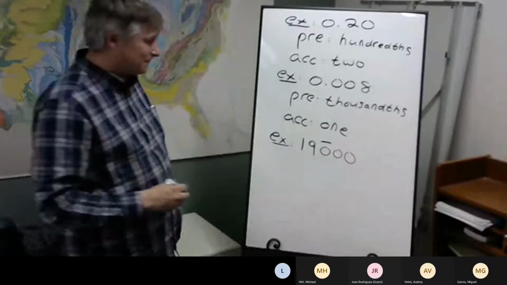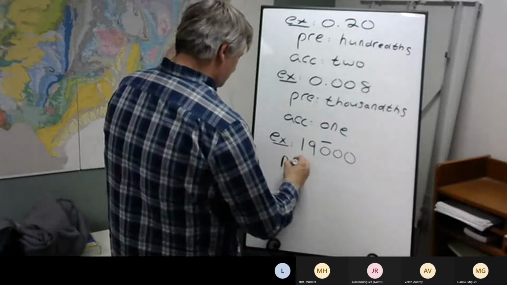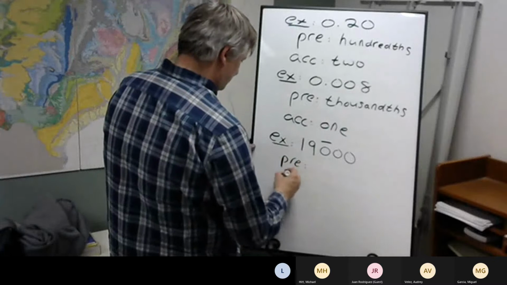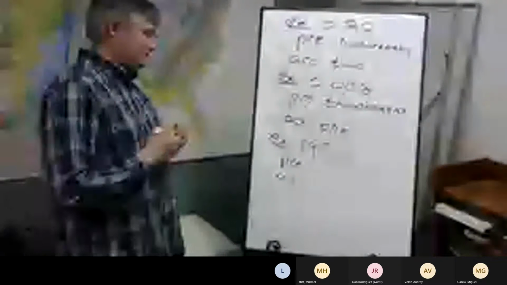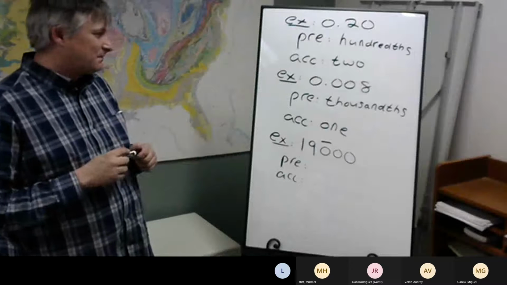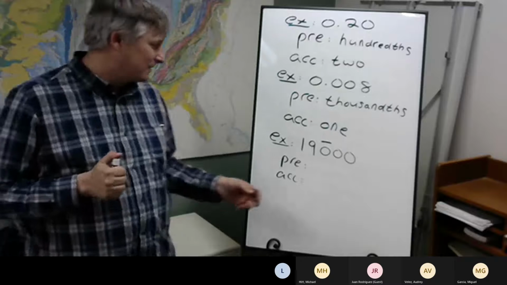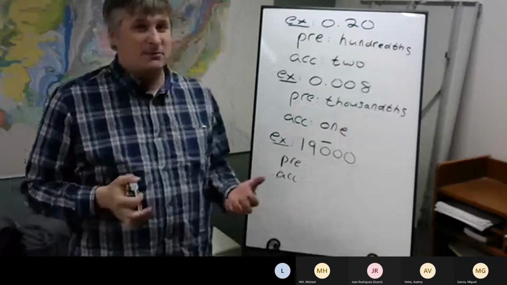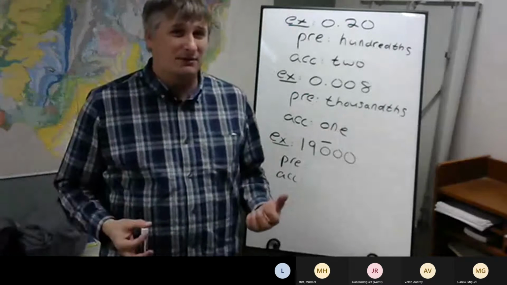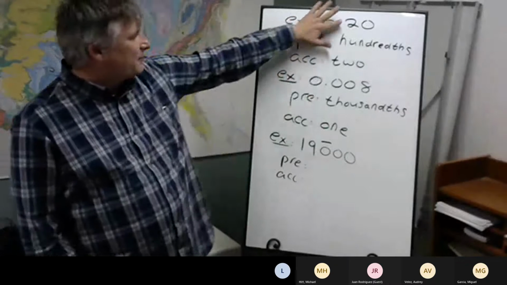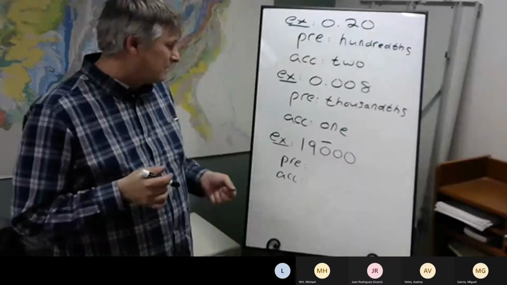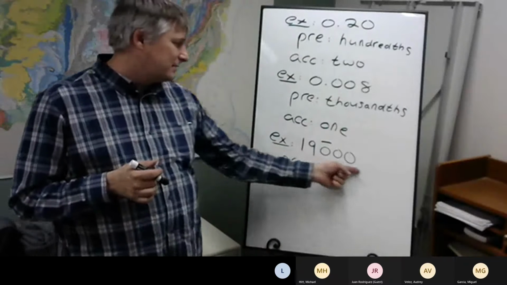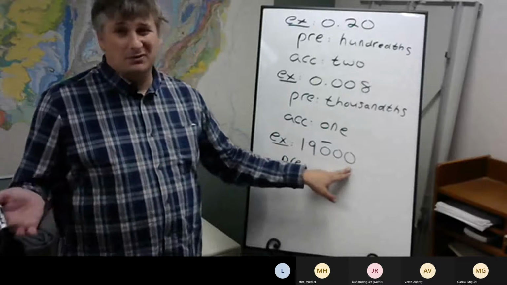So what about this one? In this case, when we talk about precision, we want the rightmost significant digit. Now, so far with these decimal numbers, it hasn't been too tricky. But if we look to the right, this is a whole number.